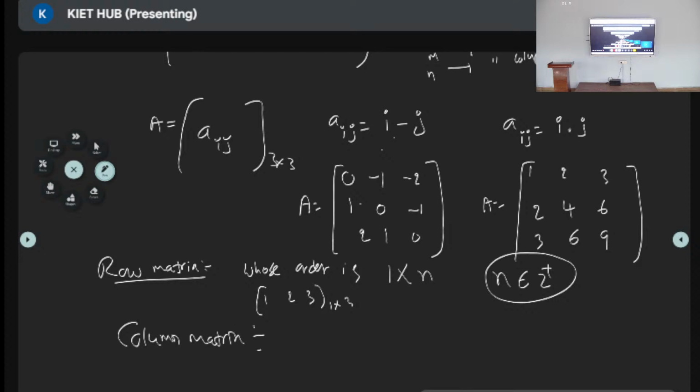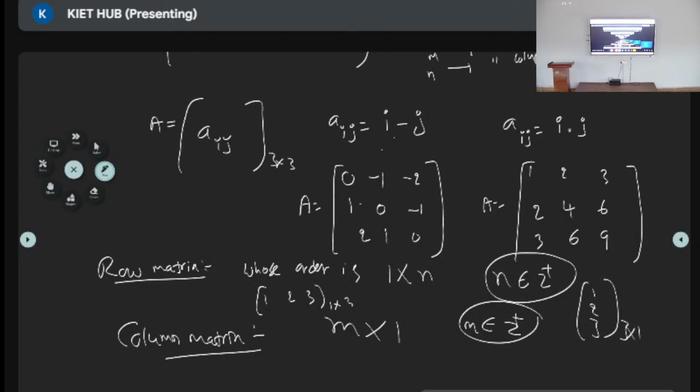The order of a column matrix is m by 1, where m belongs to positive integers. Example: 1, 2, 3 written as a column, which is 3 by 1. Row matrix, column matrix.